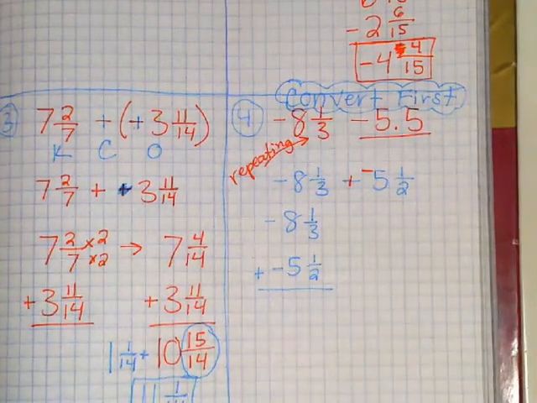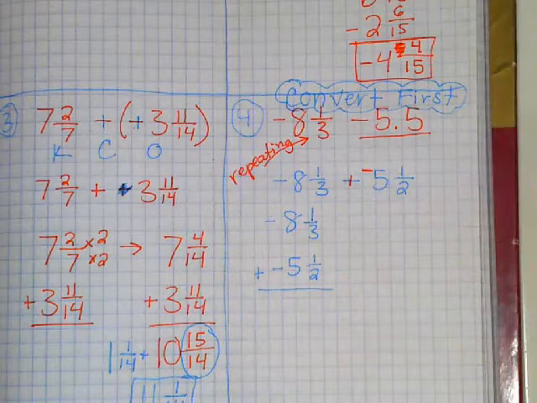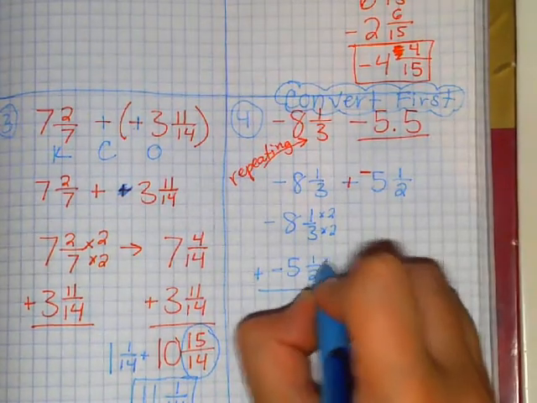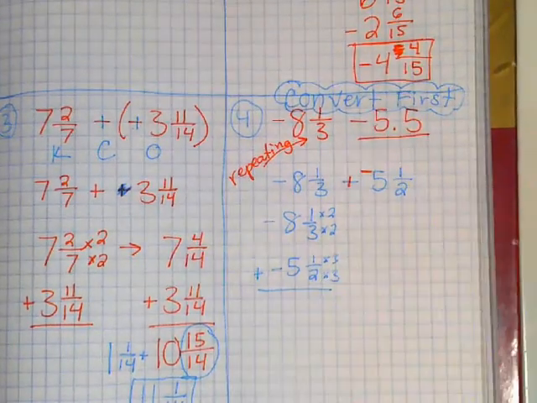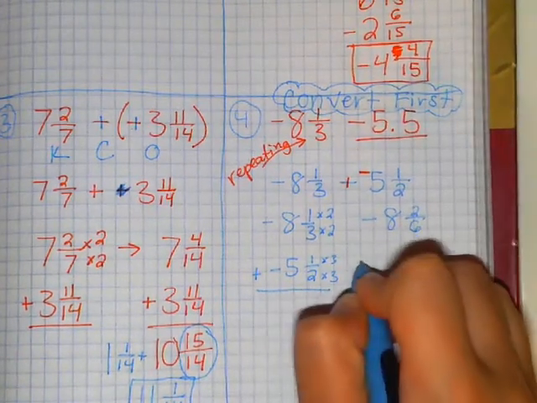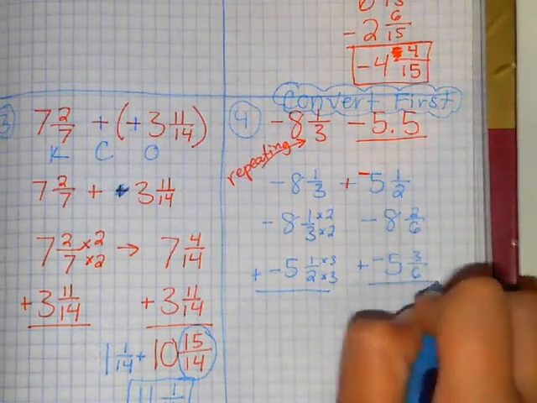Just like we do for any fraction, we need to have common denominators. 2 and 3 both go into 6. So I'm going to multiply by 2 for my first fraction, multiply by 3 for my second fraction. And I get negative 8 2/6 plus negative 5 3/6.